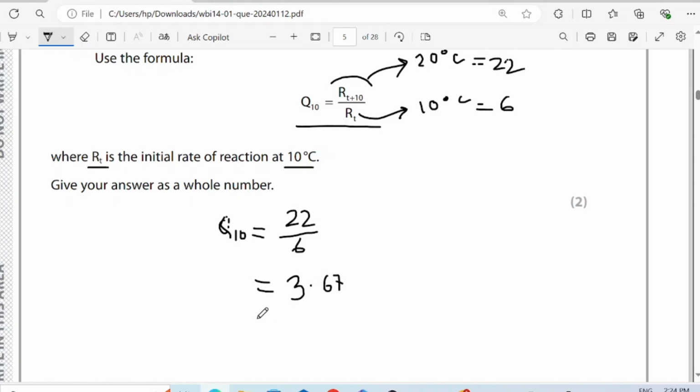Now, if you write your answer as 3.67, you're not going to get 2 marks. Why? Because they wanted the answer as a whole number, so I'm going to round this to 4. Another extremely important point is that this is a ratio, so there would be no units. You cannot write AU or arbitrary unit here. There's no units. All right, so this is the end of question 2.